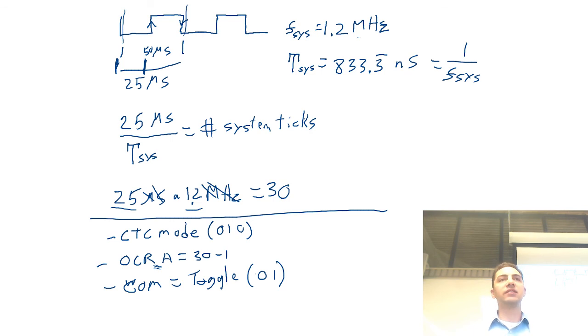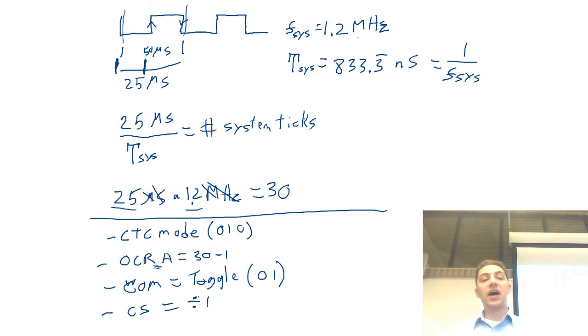What bits didn't I set? The prescaler. So it is wrong to finish this problem without the prescaler, okay? But CS, I know that I want to be divide by 1. Okay. It just so happens that the amount of time I want to delay in conjunction with my system clock means I don't need to use a prescaler.